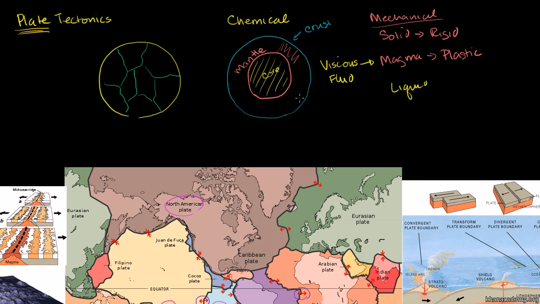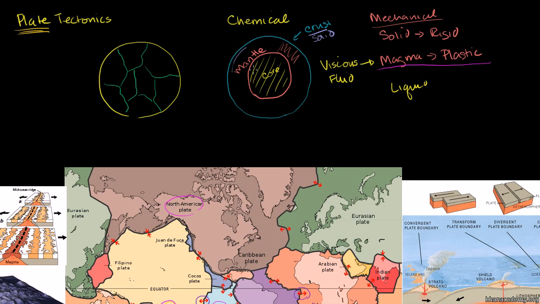And when you look at this division over here, the crust is solid. The mantle actually has some parts of it that are solid. So the uppermost part of the mantle is solid. Then below that, the rest of the mantle is kind of in this magma, this deformable, somewhat fluid state. And depending on what depth you go into the mantle, there are different levels of fluidity.